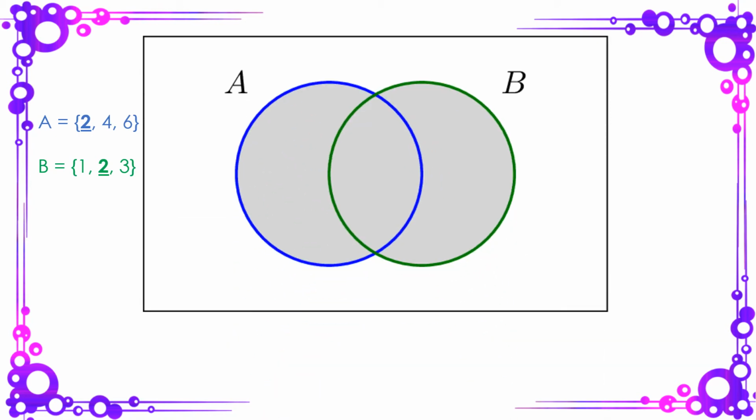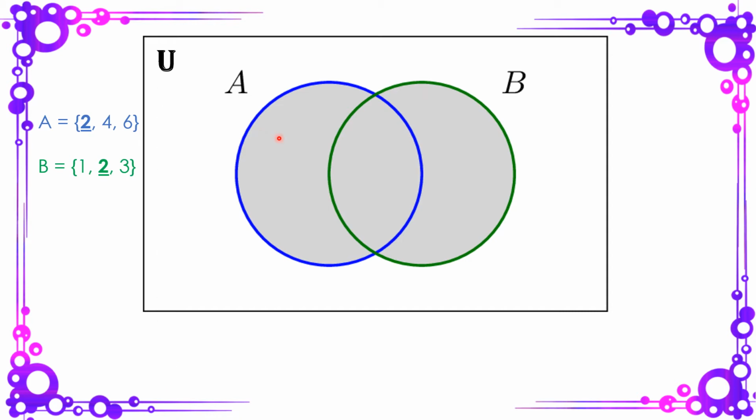So let us create a Venn diagram from our example. A is equal to 2, 4, and 6, and B is equal to 1, 2, and 3. If we are going to create a Venn diagram, it looks like this. First, draw a box, and inside the box we have two circles: capital letter A for the blue circle, and capital letter B for the green circle. You see the two overlapping circles.